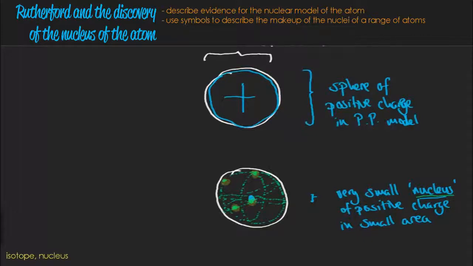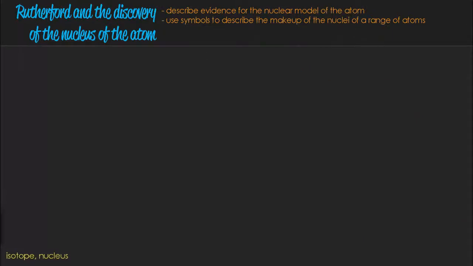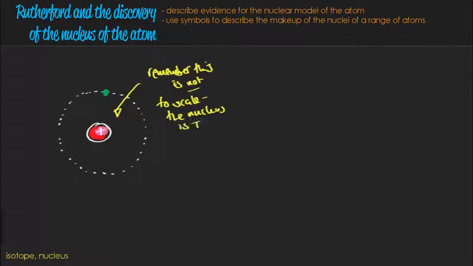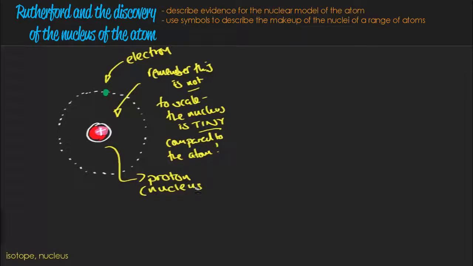Rutherford did other experiments with radioactivity and suggested that this nucleus contained particles, called protons, which have a positive charge. A hydrogen atom, for example, would have one proton in the center with a positive charge and an electron orbiting around it. All atoms have to be neutral, remember, so there will always be the same number of electrons as there are protons.